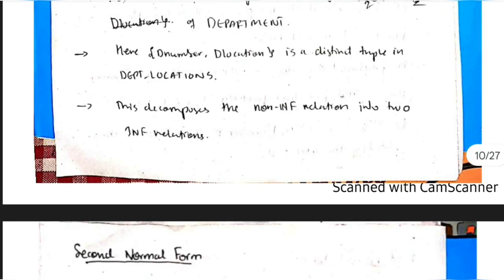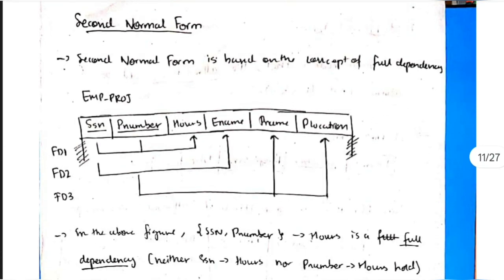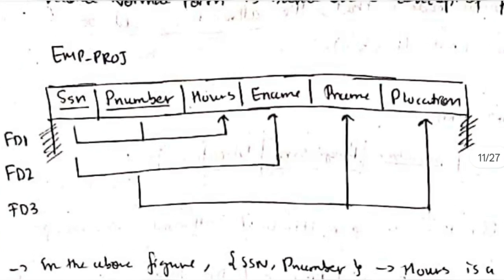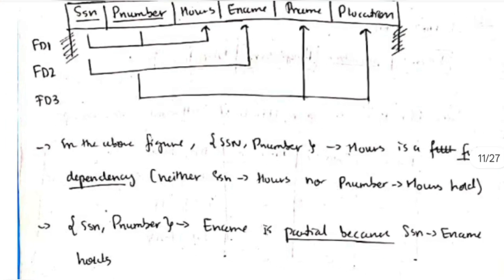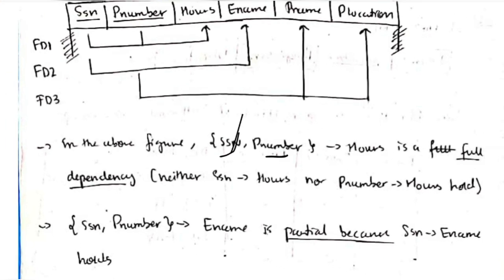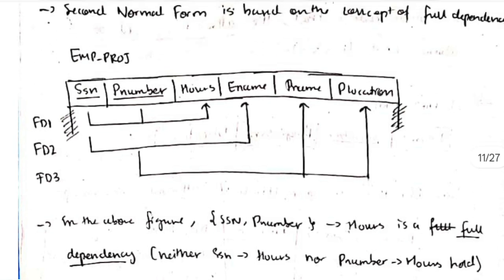And the second normal form is based on the concept of full dependency. Now suppose that this is the table which we have, employee project. SSN and P number determine hours, E name is dependent on SSN, P name and P location are dependent upon P number. So in the above figure, SSN and P number to hours is a full dependency, because which are the prime attributes here?